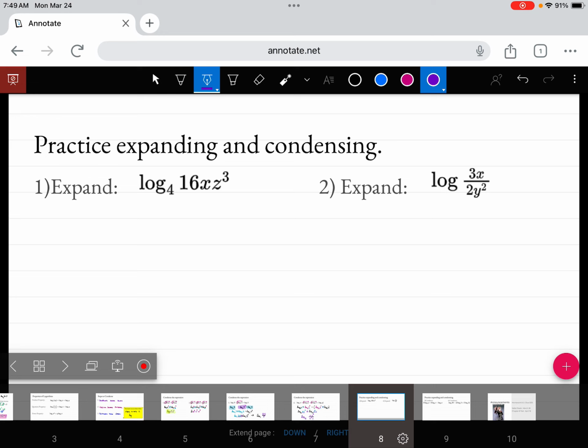See if we can expand these ones out. And while I do that, I'm going to pass back a little bit of stuff. And then I'll work through this one. So I want you to try these 2. I'll pass some stuff. I'm going to do the same thing on the last 2.